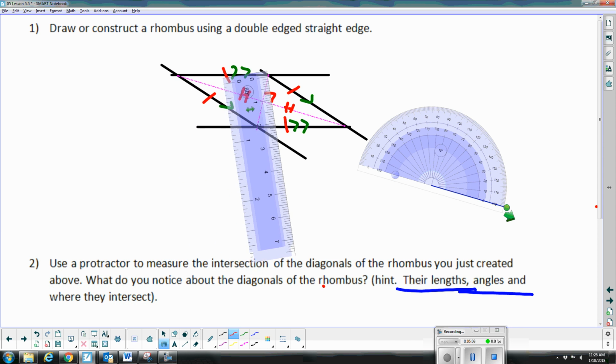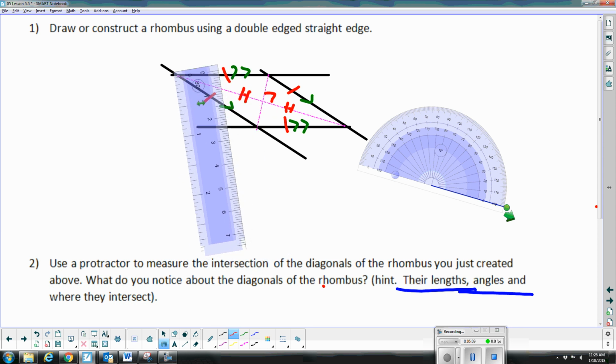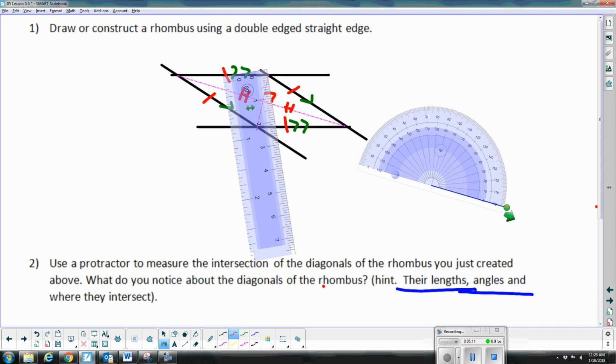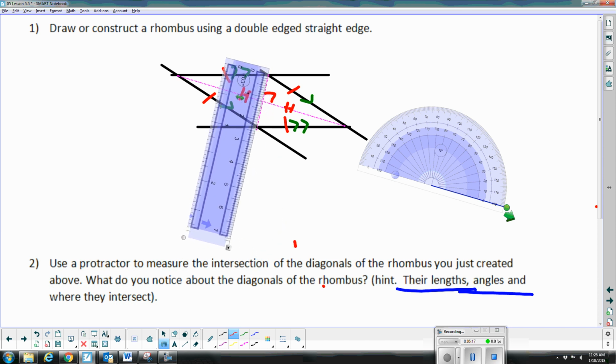Move my ruler over here, measure my whole diagonal, and then see where they intersect. My whole diagonal is about 2 1/4 centimeters, and where they intersect is just a little bit over 1.1 or 1.2.